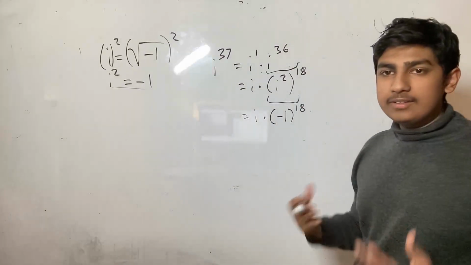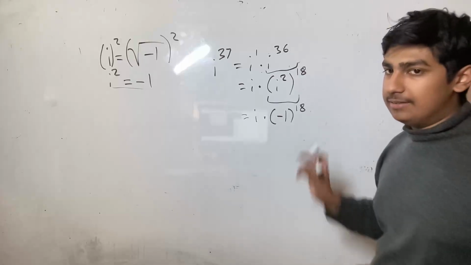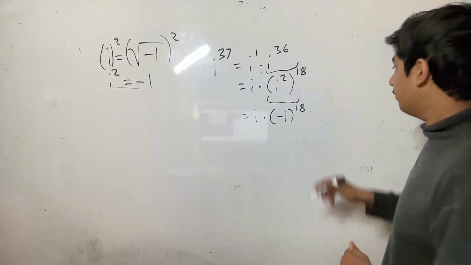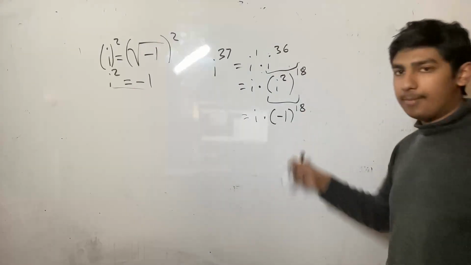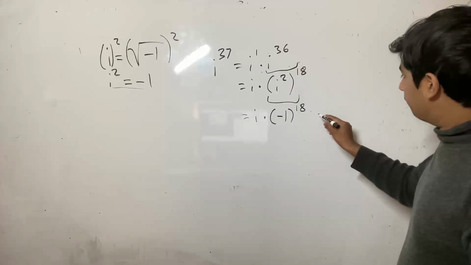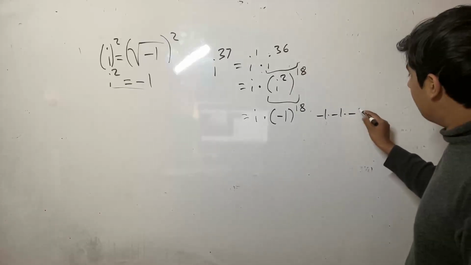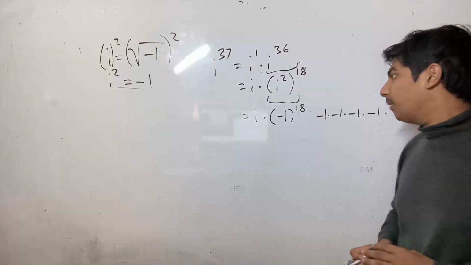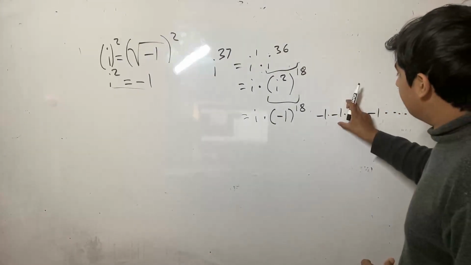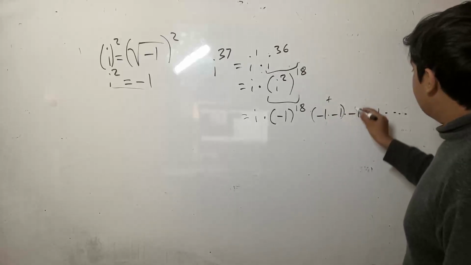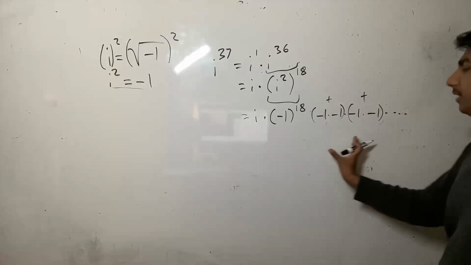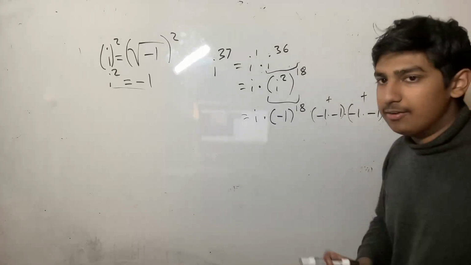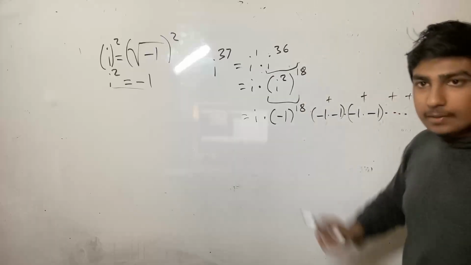Now for negative 1 to the 18th power, we just have to think about even versus odd exponents and how that relates to negative numbers. Negative 1 to the 18th power is just multiplying negative 1 by itself 18 times. If I multiply a negative times a negative, I get a positive number, and it'll be positive times positive times positive as long as we have an even exponent.